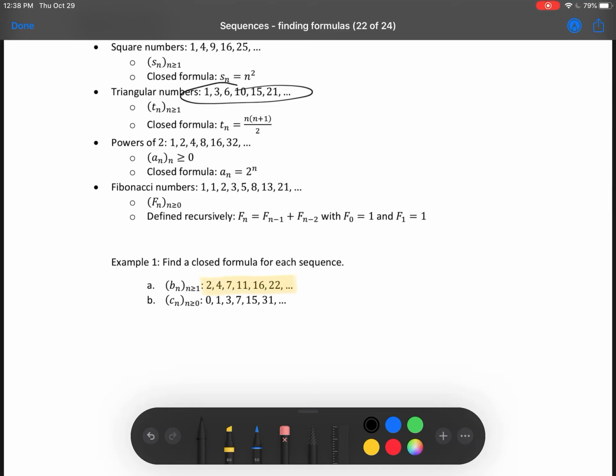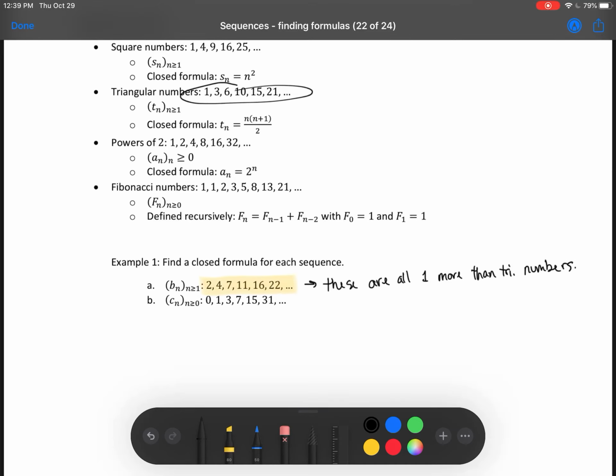So the numbers in our sequence B sub n are all one more than the triangular numbers that are given in that sequence. Okay, so we're just comparing it to the ones that we know to see what we notice, and we can say that these are all one more than the triangular numbers.